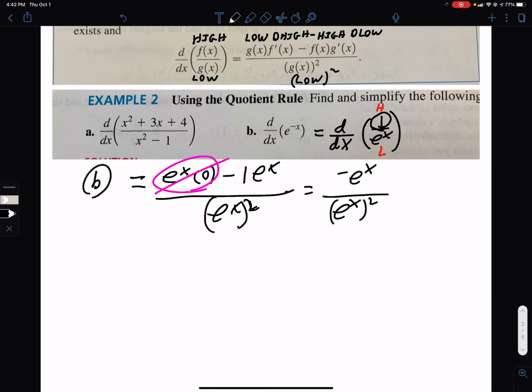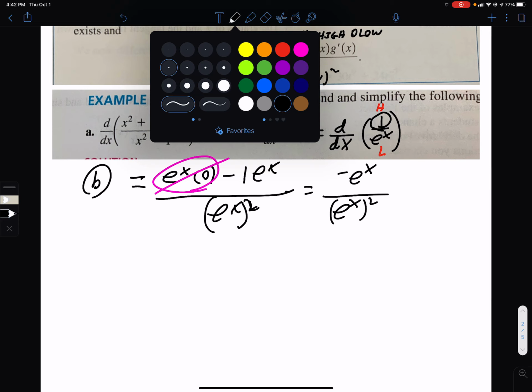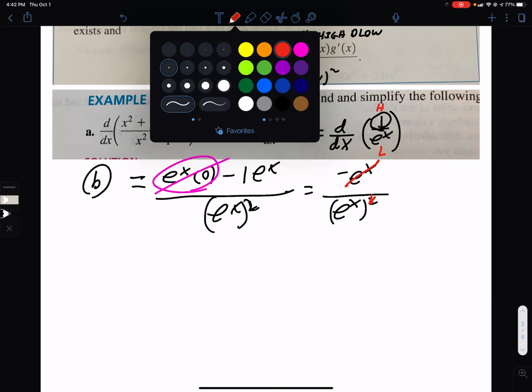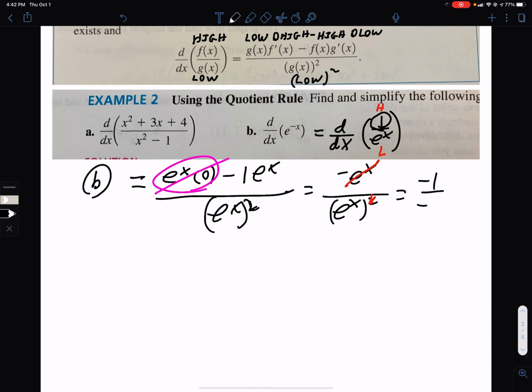So one of the e to the x on top is going to cancel with one of the e to the x's on the bottom. And I will be left with negative 1 over e to the x or negative e to the minus x. Either one is fine. You have to understand both are the same. That is quotient rule. So be careful when you have negative exponents.